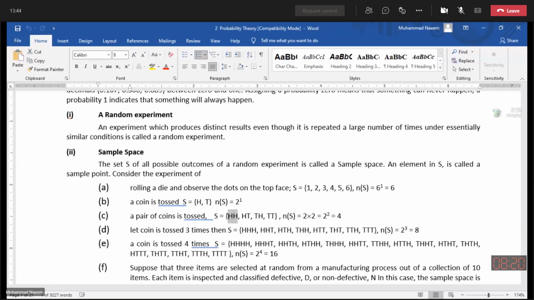Either both are good, first good, second not good, first not good, second good, or both are not good. So again, this will be the sample space. That's why tossing a coin, rolling a dice, drawing a card, these are only to understand the basic concepts.